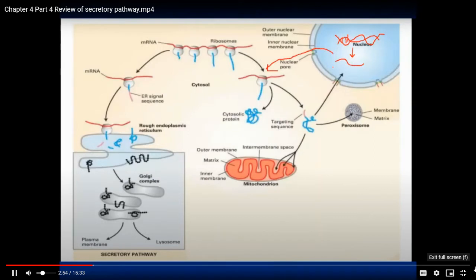Now, it's important to know, and you might want to write this down, all RNAs start translation, which is the process of converting the RNA to protein. They all convert their message. They all start the process on a ribosome that's free floating.